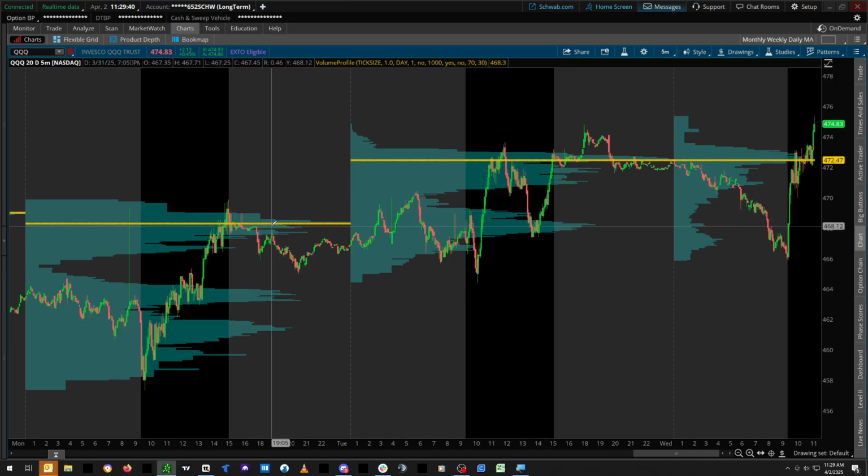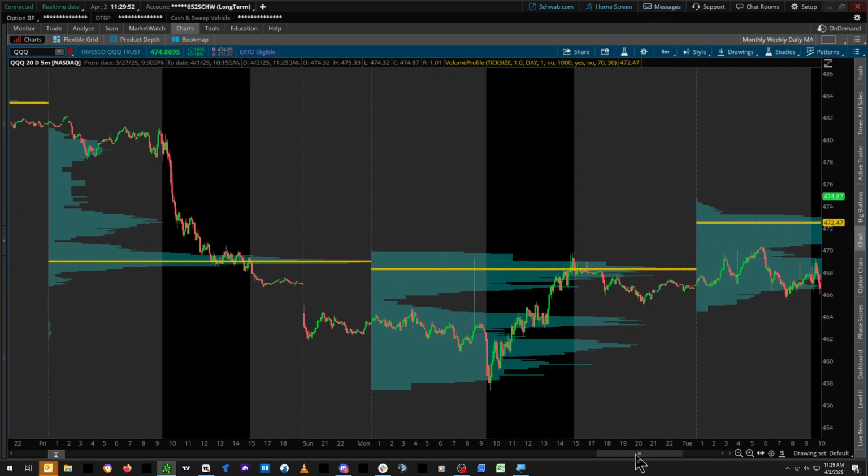And of course, this VPOC here, which we also did hit. Notice that the VPOC itself carries the most weight, and so we hit yesterday's VPOC, we hit Monday's VPOC, and Monday and Friday were standing right on top of one another. I guess that's Friday.